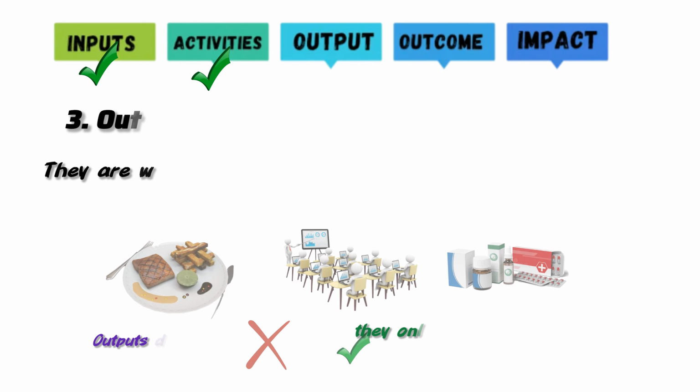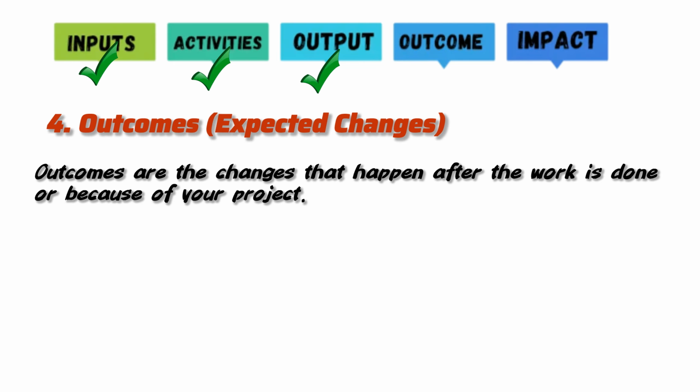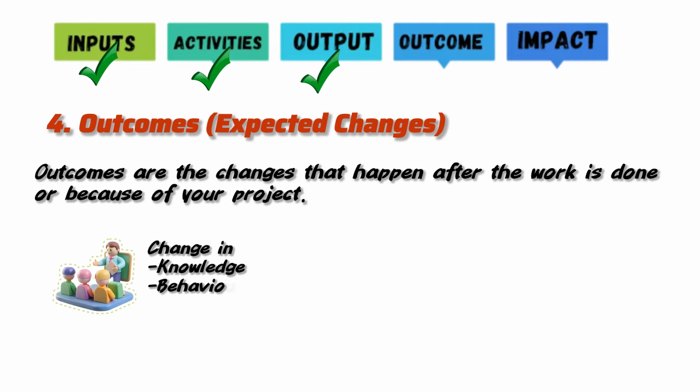Let's talk about the fourth part, which is outcomes or expected changes. So outcomes are the real change that happens because of your project. This is where things get exciting. So in a health project, outcomes are the changes in knowledge, in behavior or health status. For example, more people using family planning, fewer children getting sick, or more people knowing their HIV status.